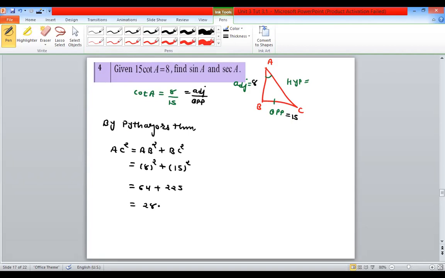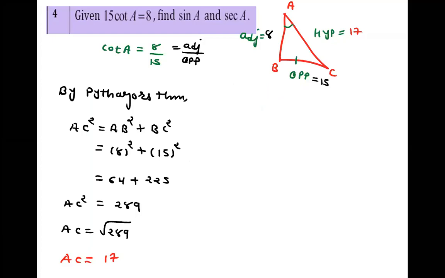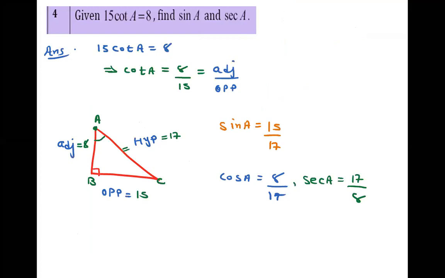It's 289. Square is converted into square root. 289 is the square of 17. So AC is equal to 17. Got it? By the way, you can find these three things.